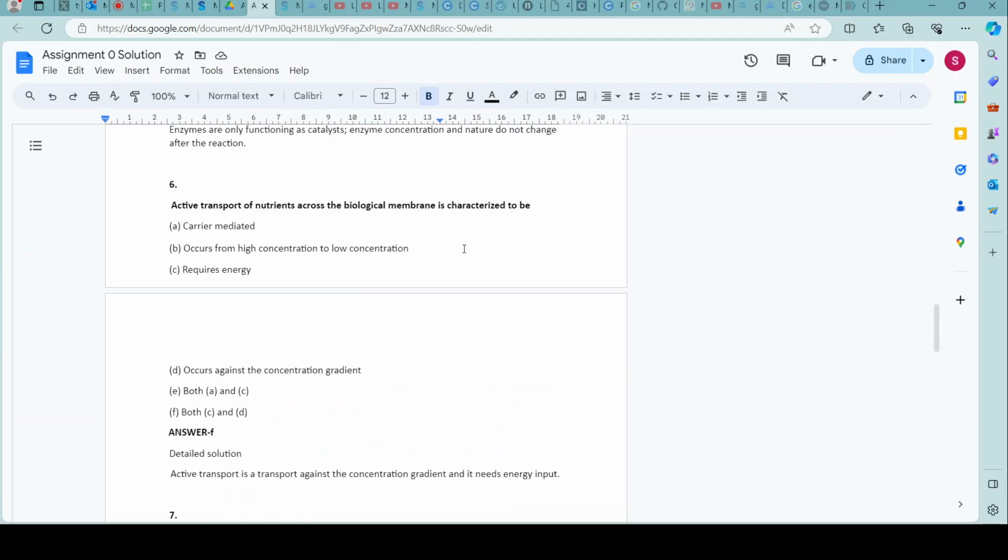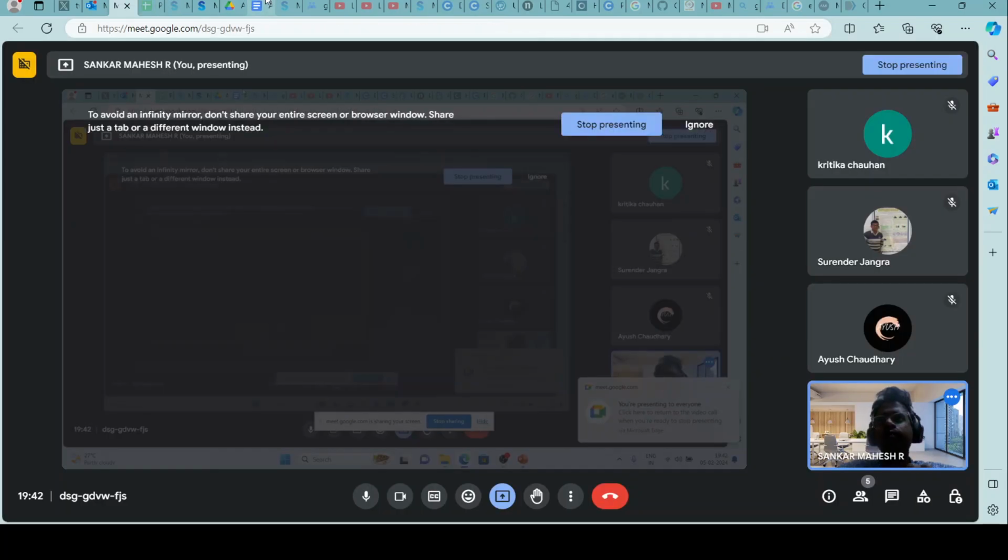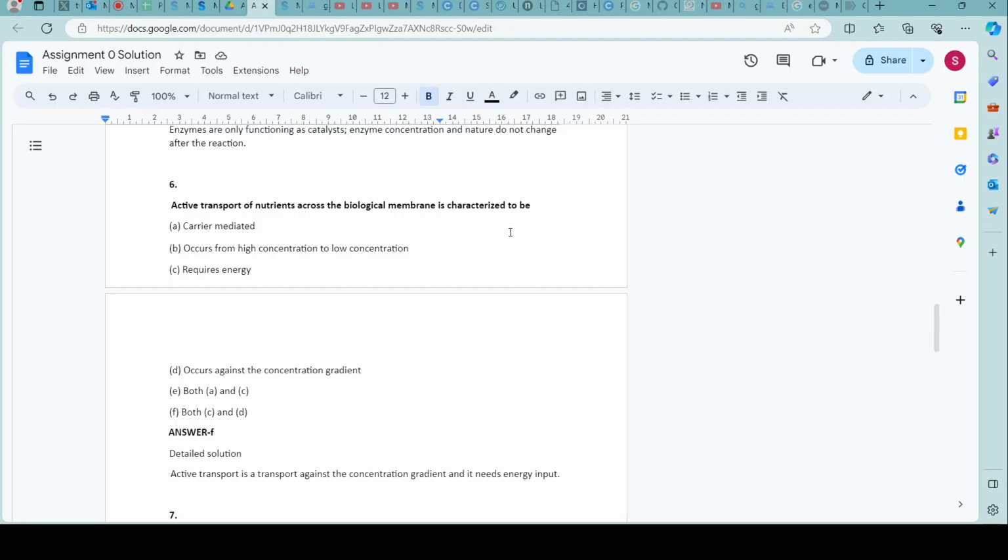Active transport of nutrients across the biological membrane is characterized to be: option A, carrier mediated; option B, occurs from high concentration to low concentration; option C, requires energy; option D, occurs against the concentration gradient; option E, both A and C; option F, both C and D. Because you're looking for active transport, it does not occur from higher concentration to lower concentration. It requires energy and goes against the concentration gradient.